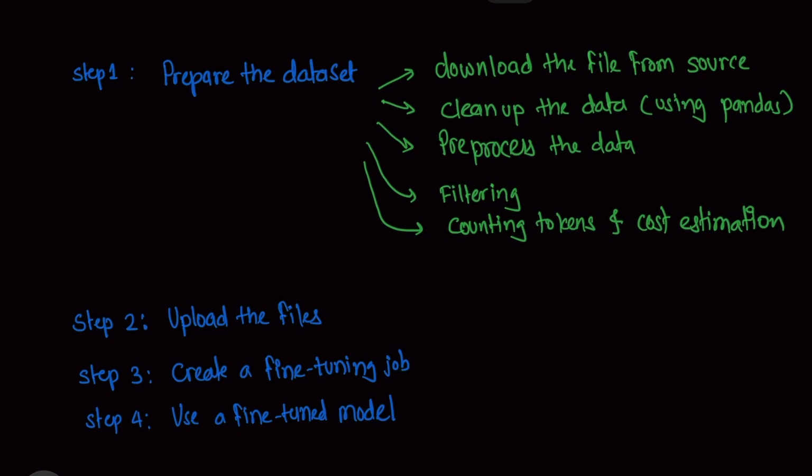So we're going to filter out and reduce the number of rows that we're going to use for our project, and then we estimate the cost that we will be charged. So let's go directly into the project and do these steps one by one again.